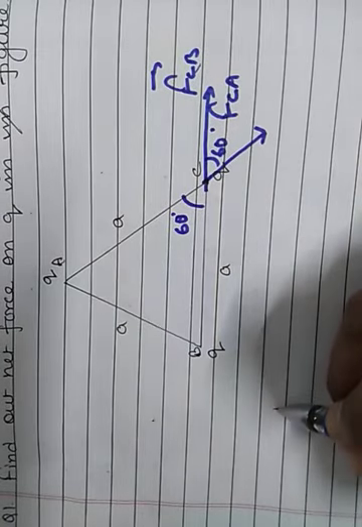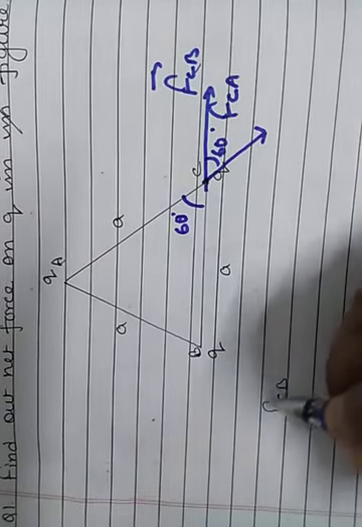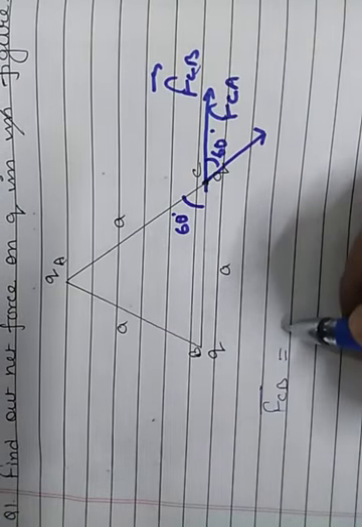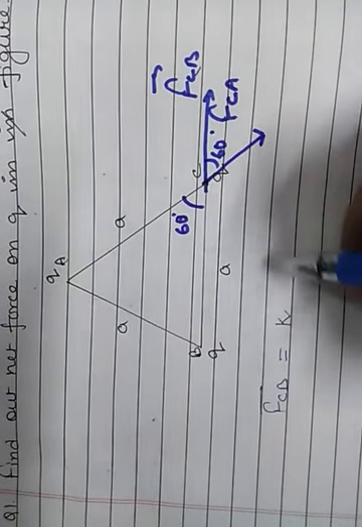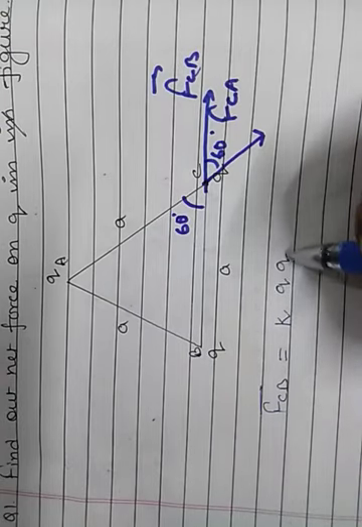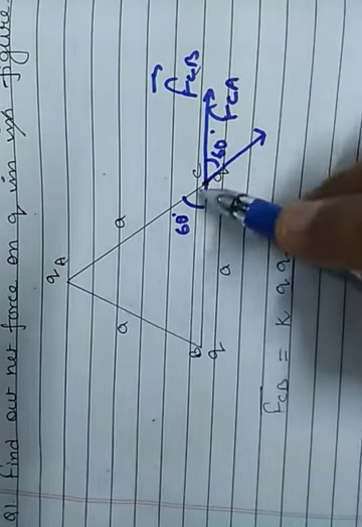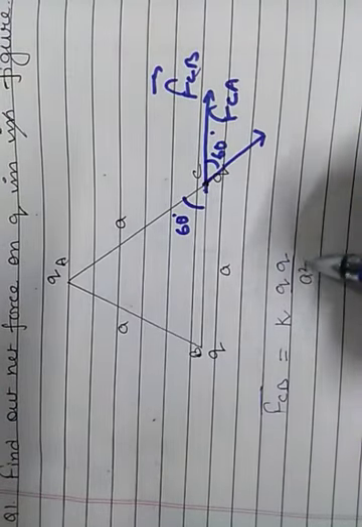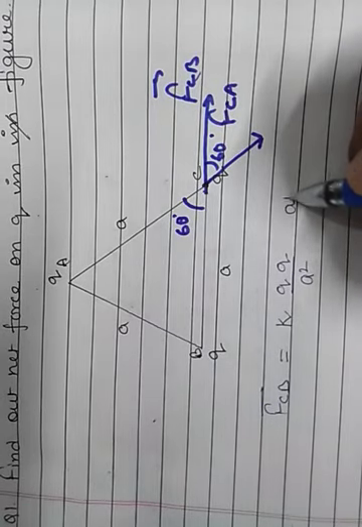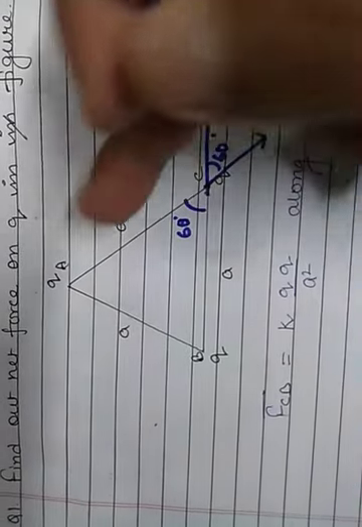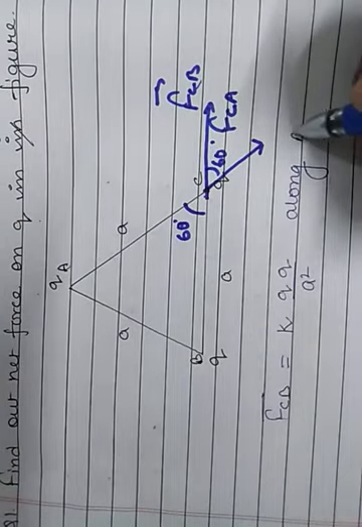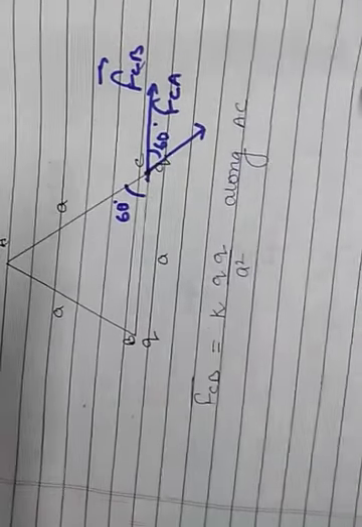So FCB: the formula is K, the two charges are Q and Q, and the distance between them is A, so A square, and the direction is along AC.